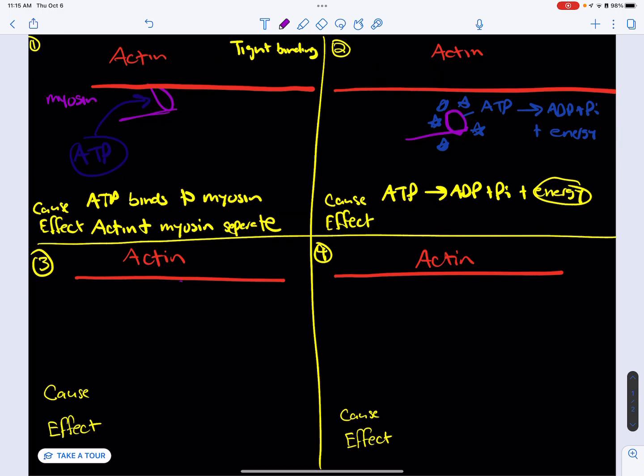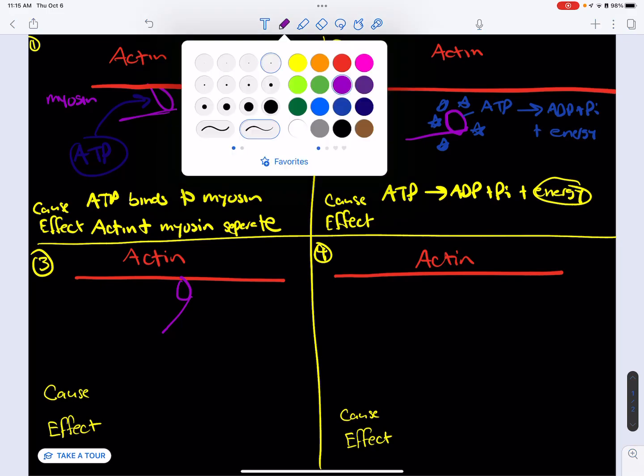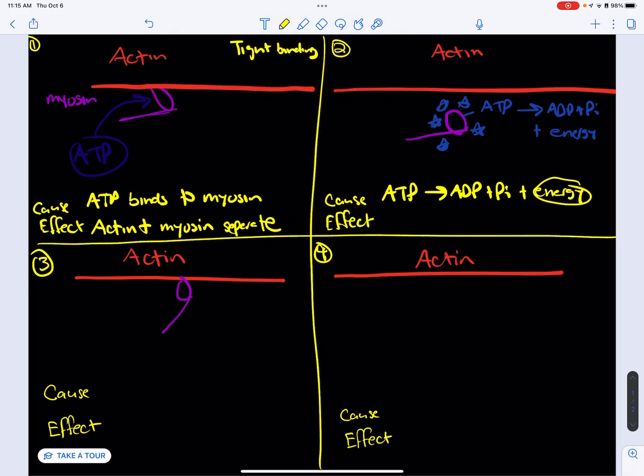So now we've got the myosin head bound, but it's cocked now. It reattaches and then cocks, probably in the reverse order. So the myosin head cocks and reattaches.